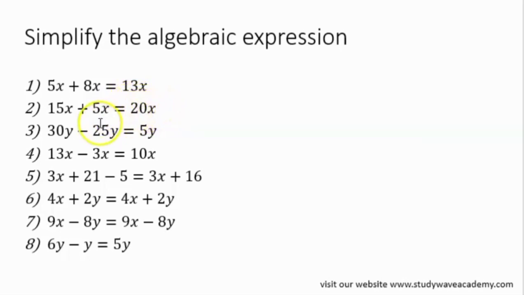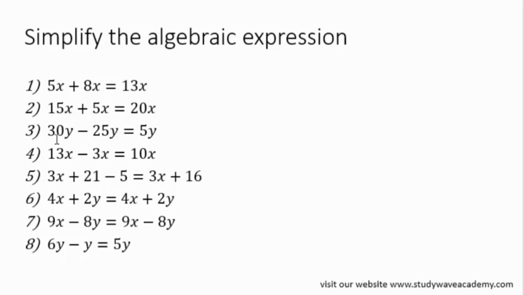We move over to number 3. Number 3 is 30y minus 25y. In our number 3 question, the variable there is y. Our variable can be any letter. It can be Z, it can be A, it can be B, it can be D, any letter you choose to use.